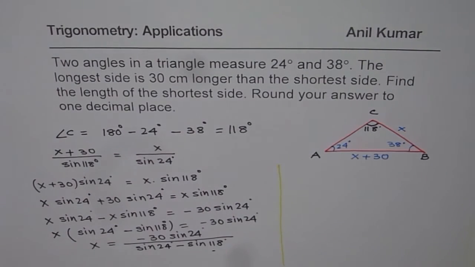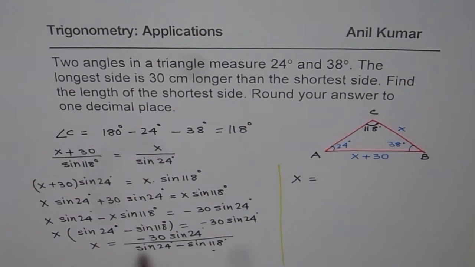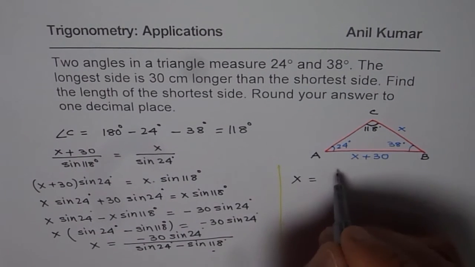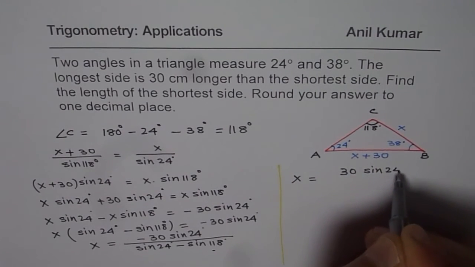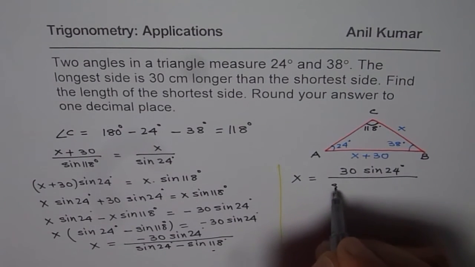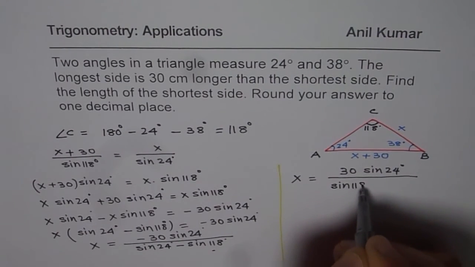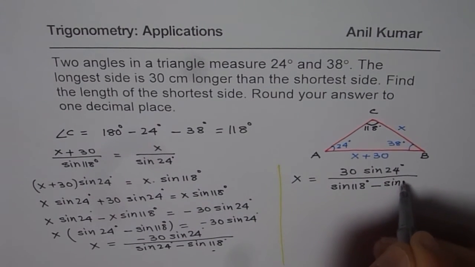Since this is negative, we'll interchange the terms. We can write x equals 30 times sine of 24 degrees divided by (sine of 118 degrees minus sine 24 degrees).